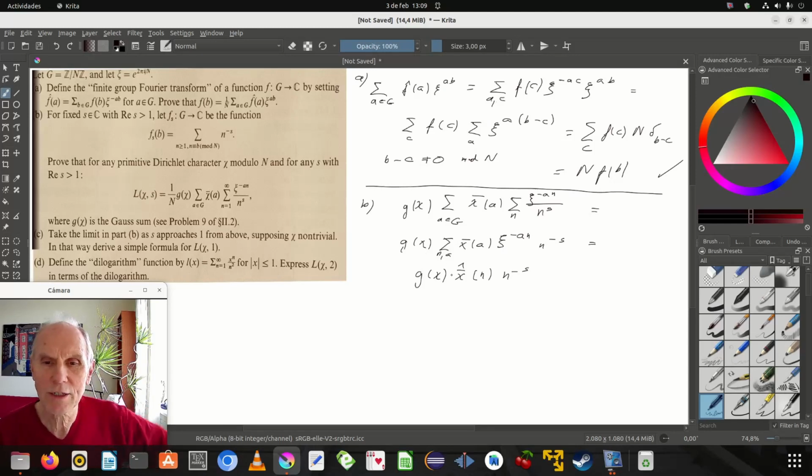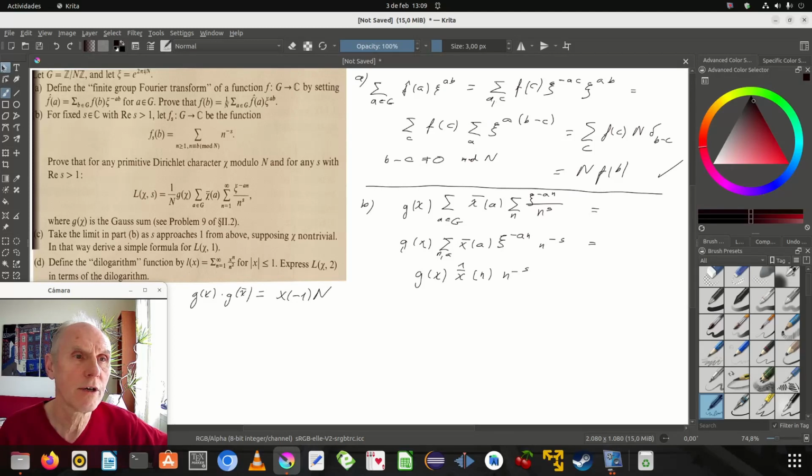I had hoped to get G of chi bar, of course, and then we could use the formula of problem 9. Where n is the norm of the ideal. That didn't come so easily.